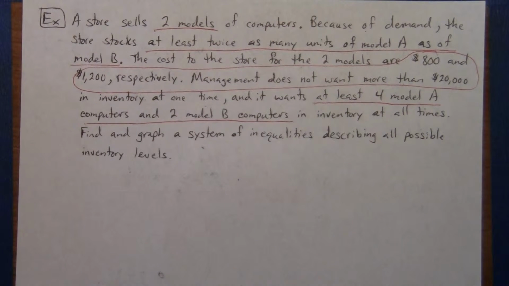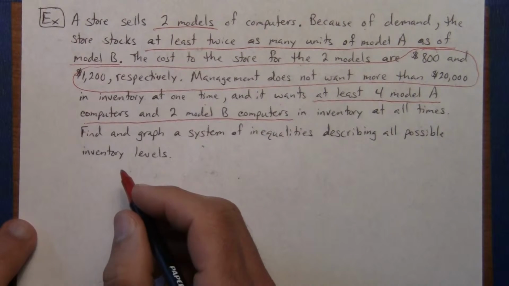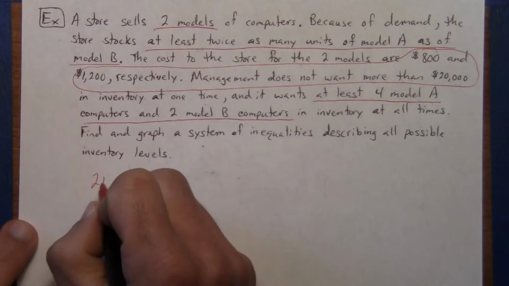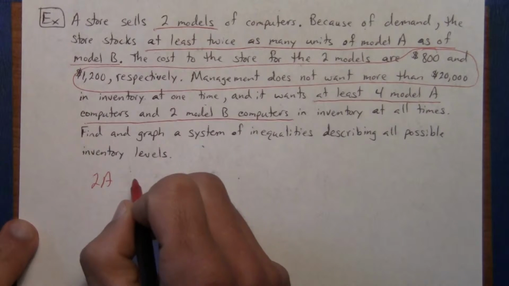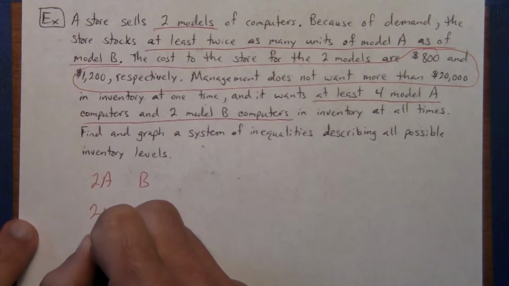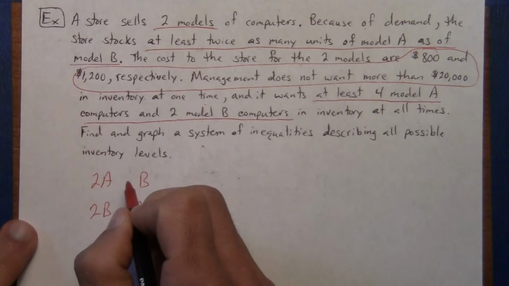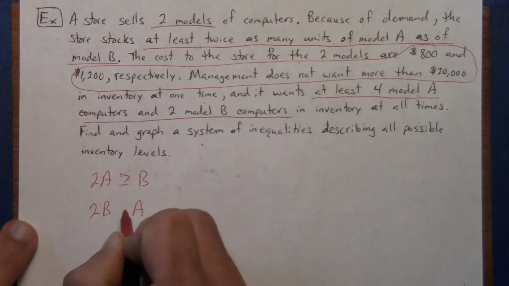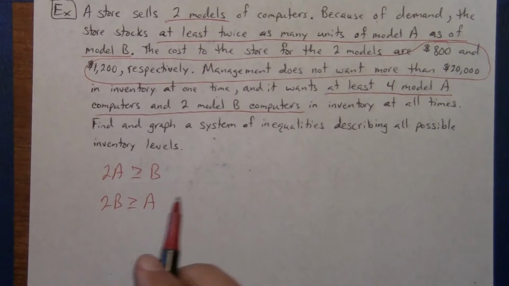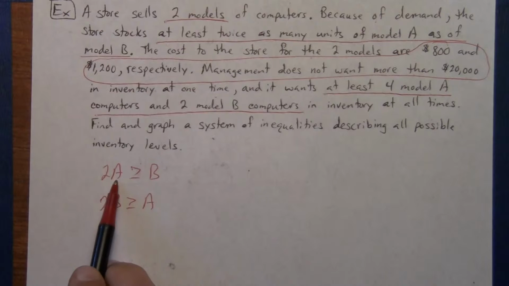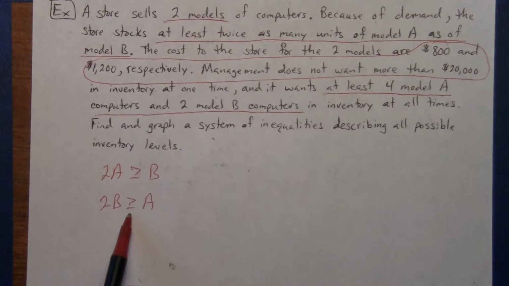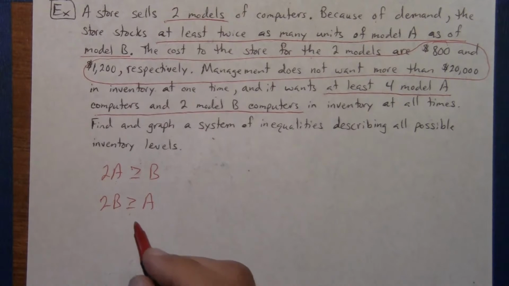If I have twice as many of A as I do B, would I say this, or would I do this? At least would mean it would be greater than or equal to. Does this represent that A is twice as large as B, or that B is twice as large as A? Ignoring the inequality.